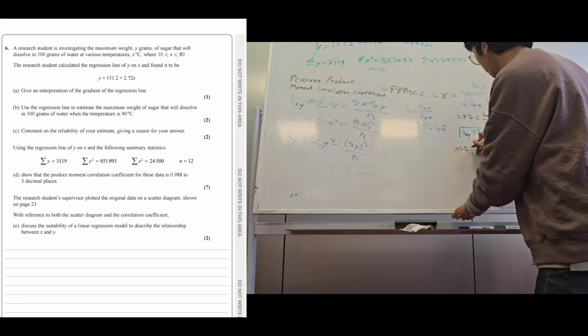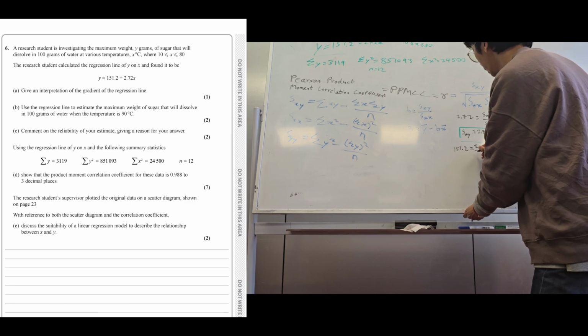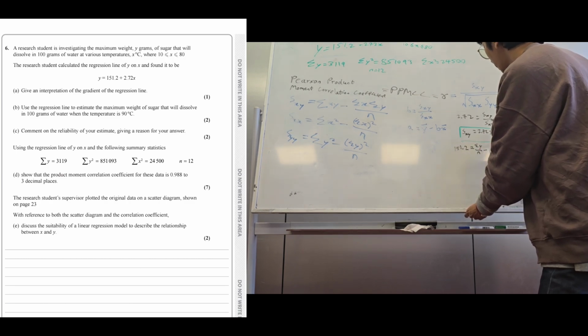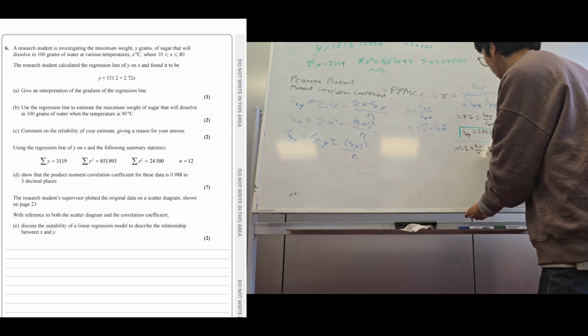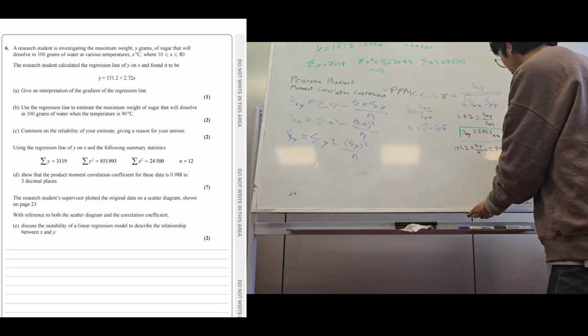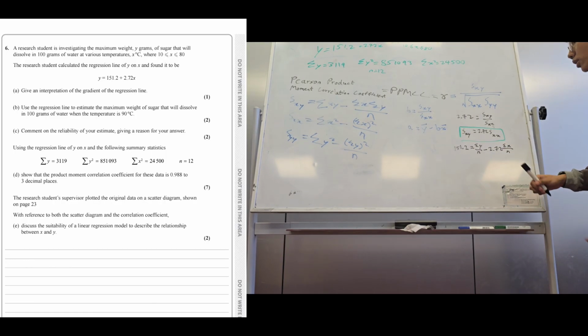151.2 equals y bar, which is summation of y divided by n, which is 12, but I'm going to write n, minus b, which is 2.72, and then x bar is summation of x divided by n. Does this make sense to you?